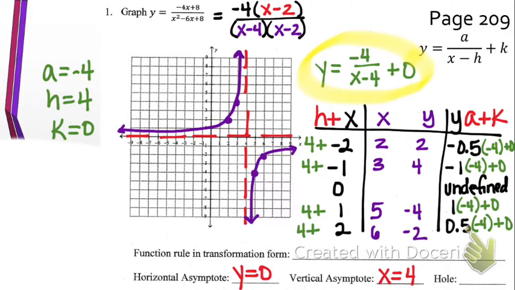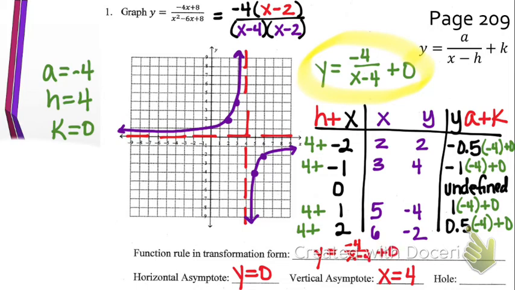So that would be y equals negative 4 over x minus 4 plus 0.